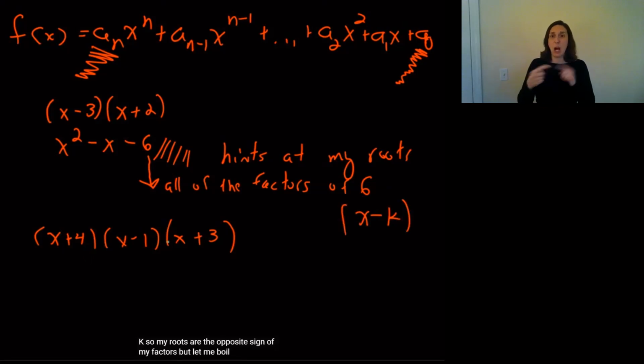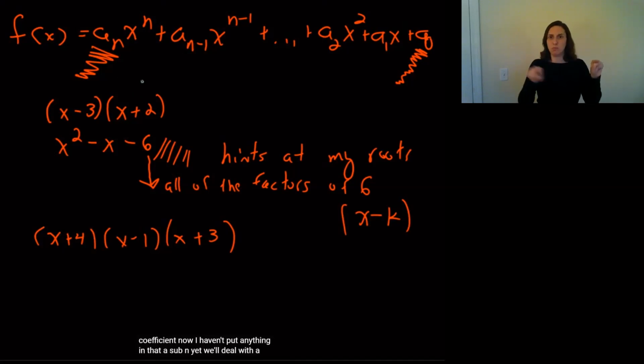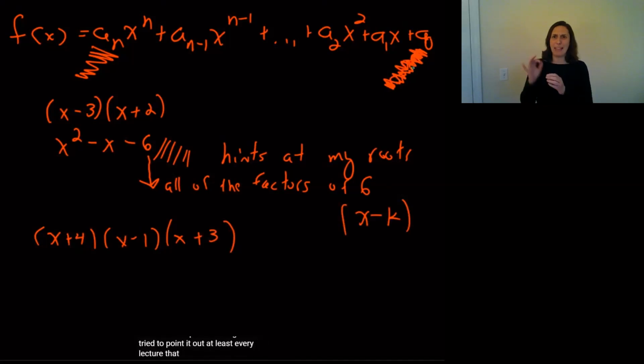But let me FOIL this out, and we want to look at the trailing coefficient. Now, I haven't put anything in a sub n yet. We'll deal with a sub n. I'm really focused on why this constant is important. I've tried to point it out at least every lecture. That constant is important, and so let's look at why.